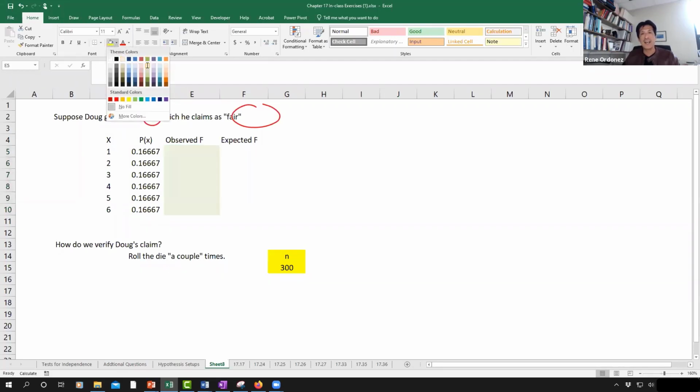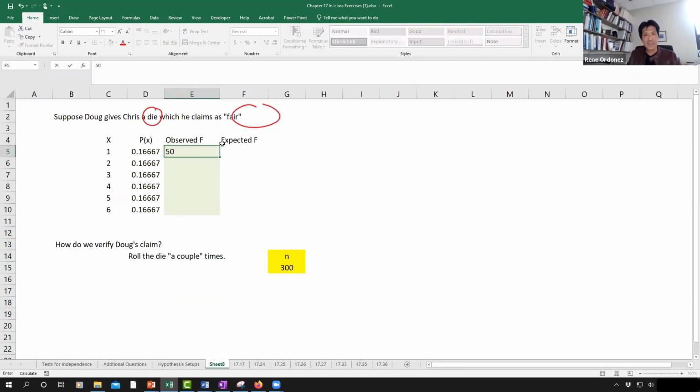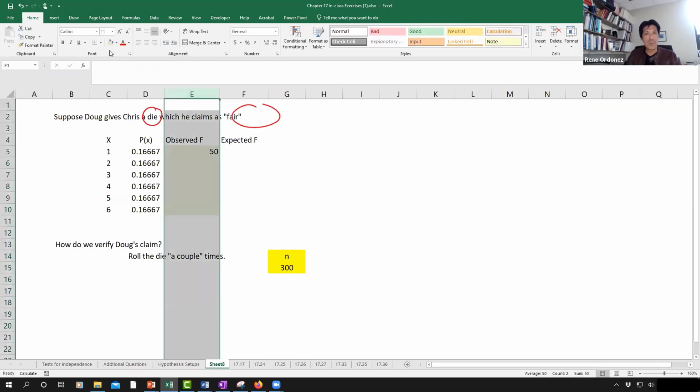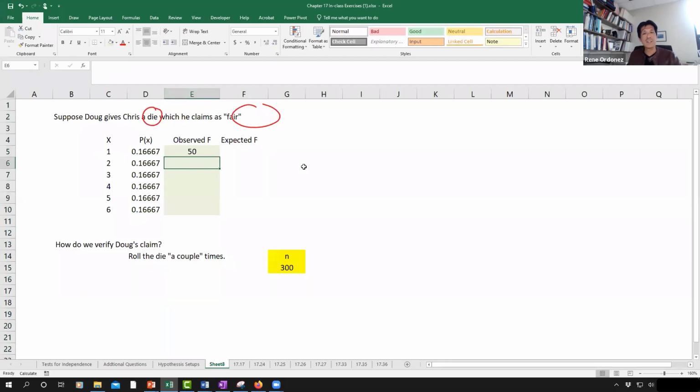Let's say Chris has spare time today and really tested this die. For one, he observed it to appear 50 times, 2 appeared 45 times, 3 appeared 47 times, 4 appeared 54 times, and 5 appeared 40 times.